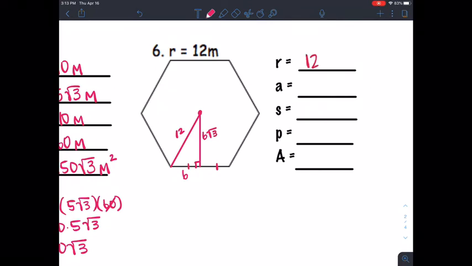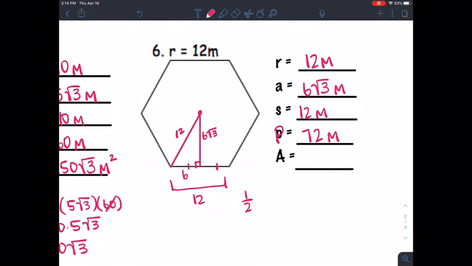So my radius is 12 meters. My apothem is 6 square root 3 meters. My side length will be 6 times 2, which is 12. And my perimeter will be that 12 times 6, which is 72 meters.